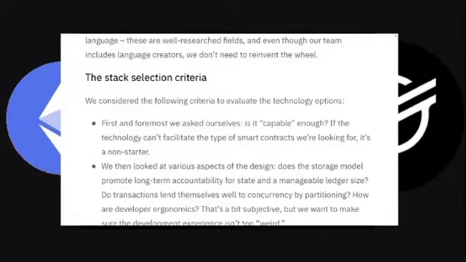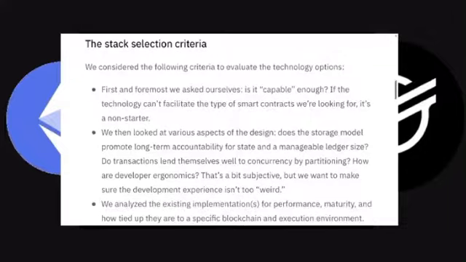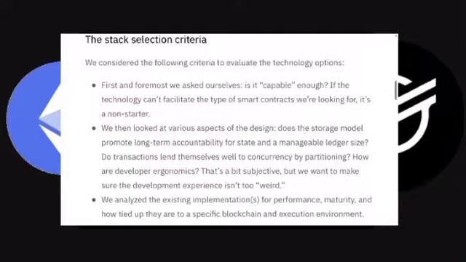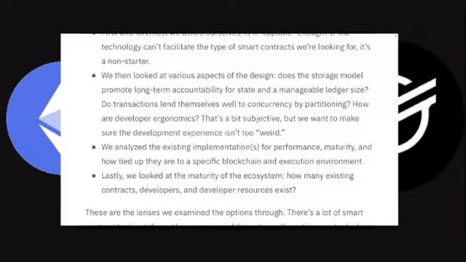The stack selection criteria. We considered the following criteria to evaluate the technology options. First and foremost, we asked ourselves, is it capable enough? If the technology can't facilitate the type of smart contracts we're looking for, it's a non-starter. We then looked at various aspects of the design. Does the storage model promote long-term accountability for state and manageable ledger sizes?